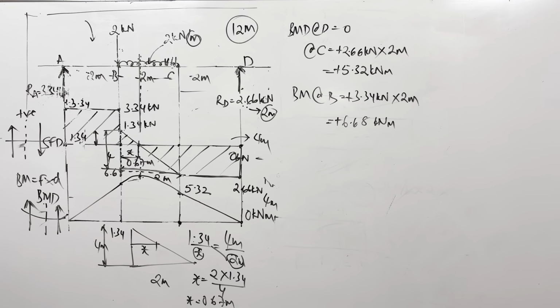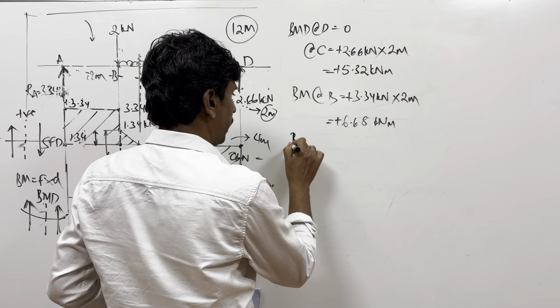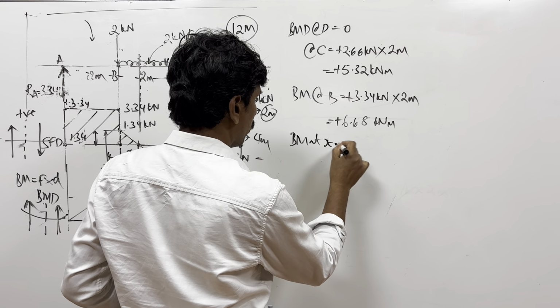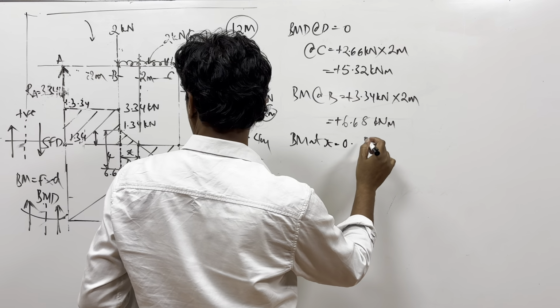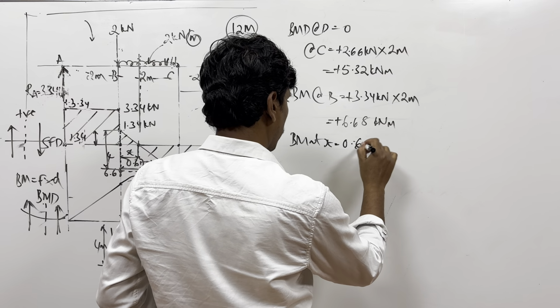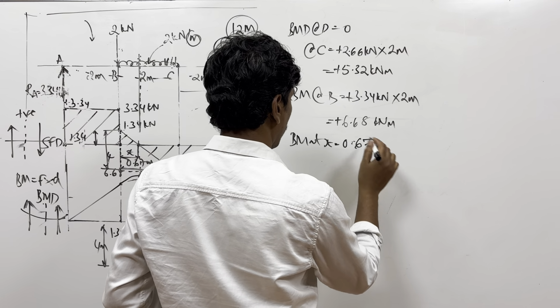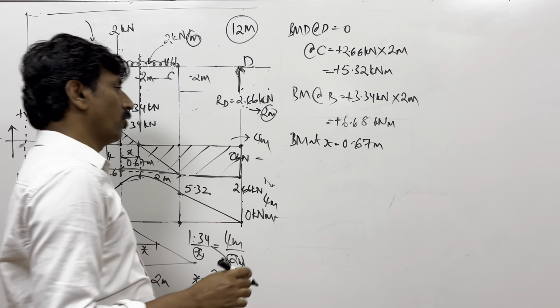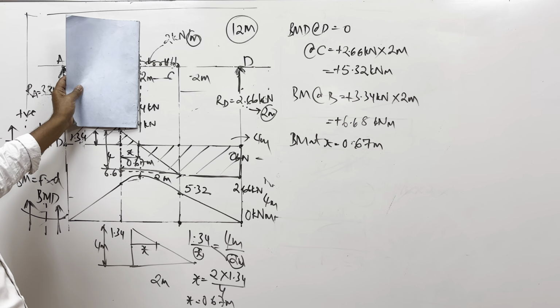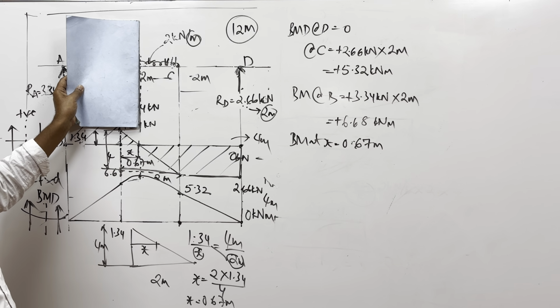So bending moment at x is equal to 0.67 meters. How should I calculate the bending moment here?